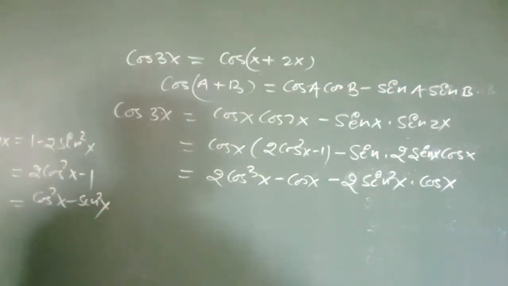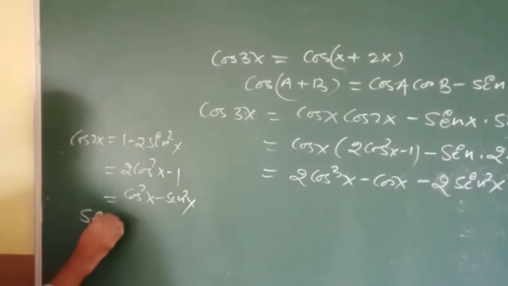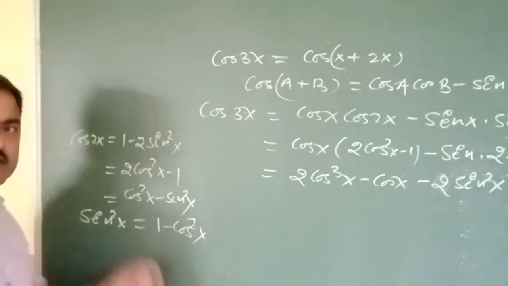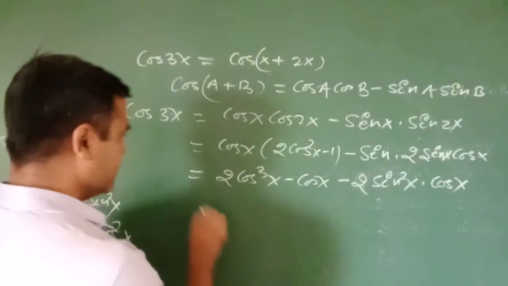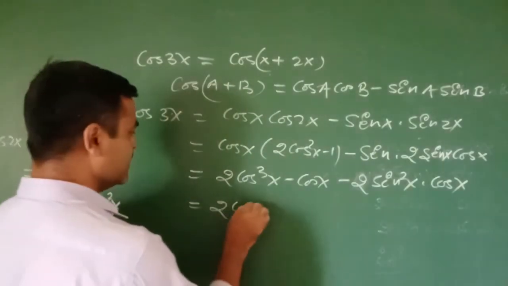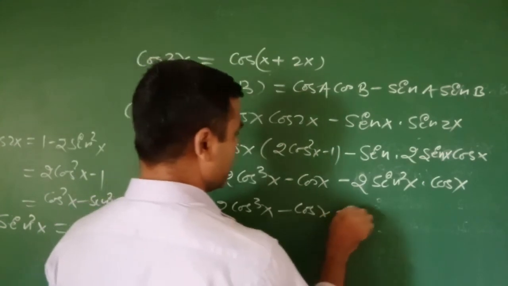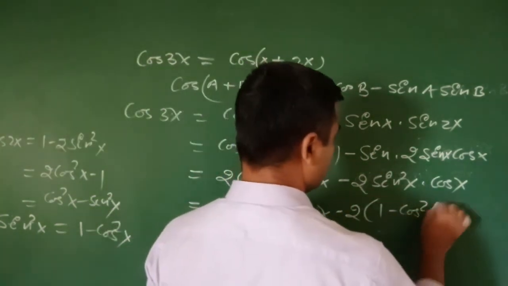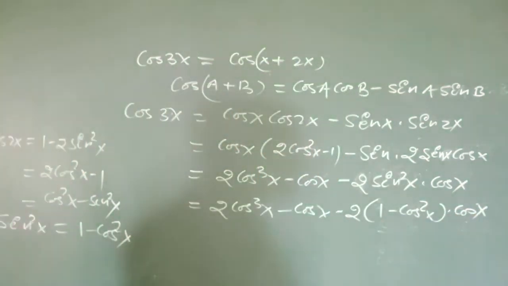So what is the identity of sin square x in the form of cos x? Sin square x is equal to 1 minus cos square x. This is the identity. So you will take 2 cos cube x minus cos x minus 2 into 1 minus cos square x into cos x. This is the identity I have written here.